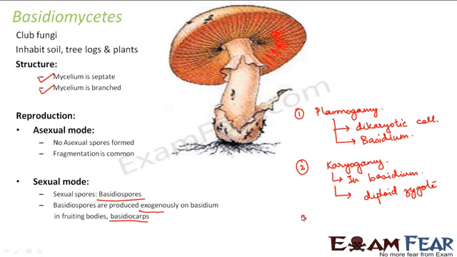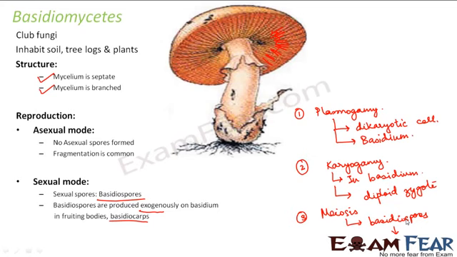Then the third step is meiosis. In meiosis, this zygote will undergo repeated divisions to give rise to the sexual spores, that is basidiospores. These basidiospores will germinate to form new mycelium, which means a new basidiocarp is formed.